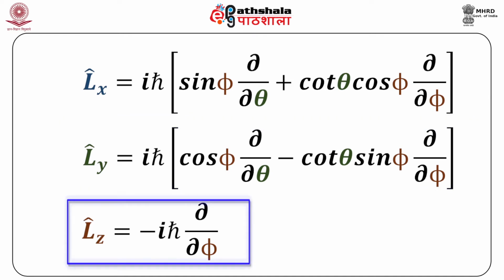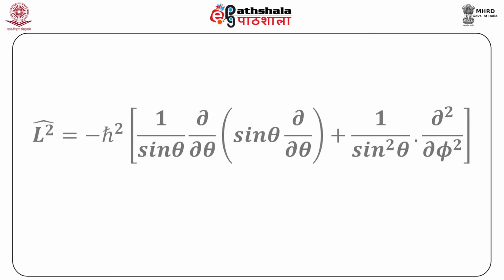Likewise, Lz is obtained as minus i h cross ∂/∂phi. L square is obtained as minus h cross square (1/sin theta ∂/∂theta (sin theta ∂/∂theta) plus 1/sin square theta ∂²/∂phi²).